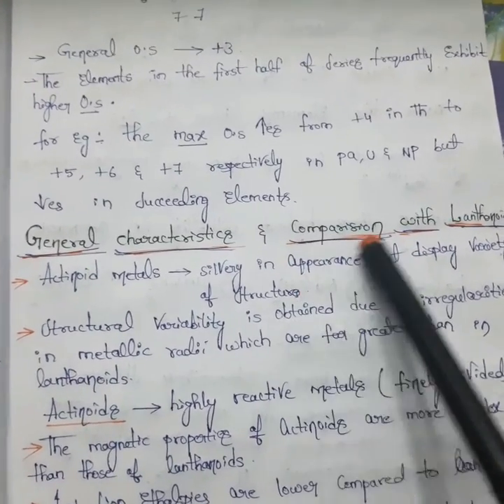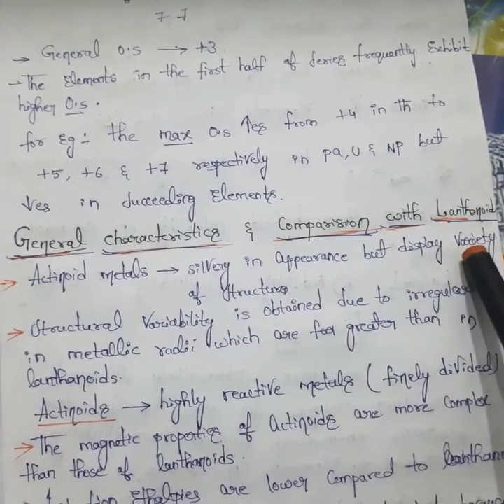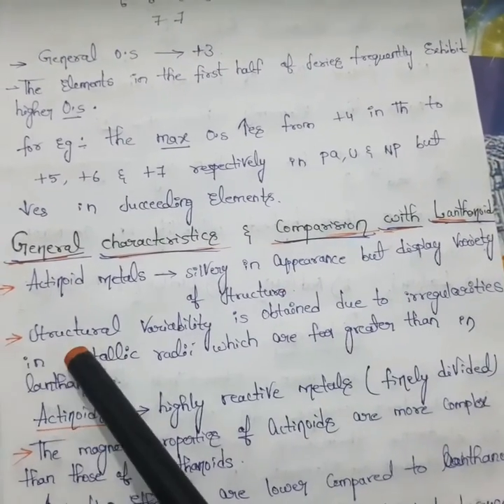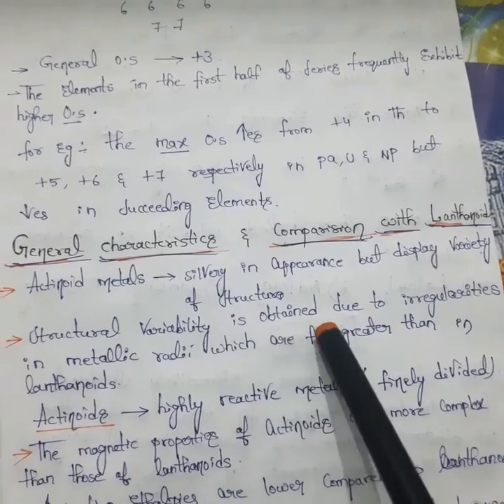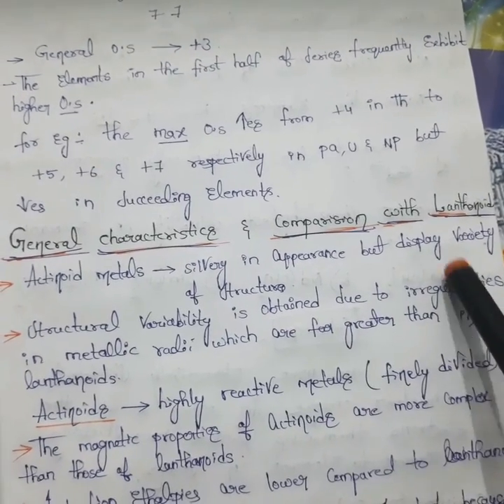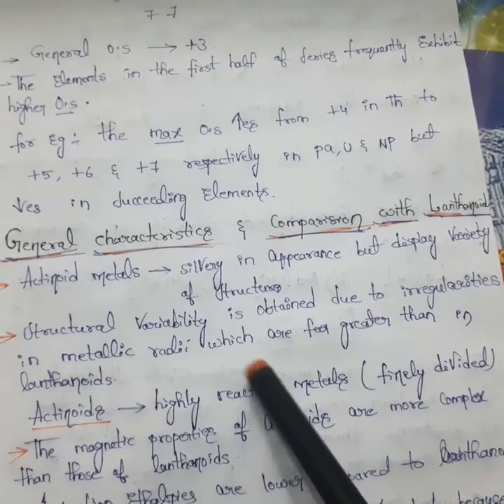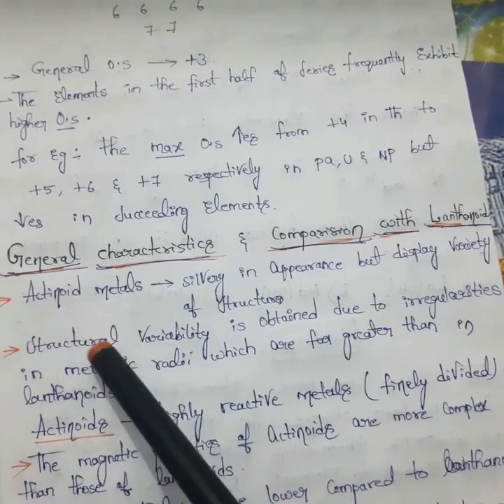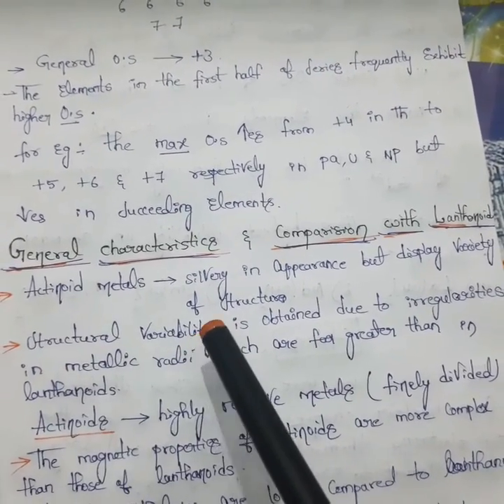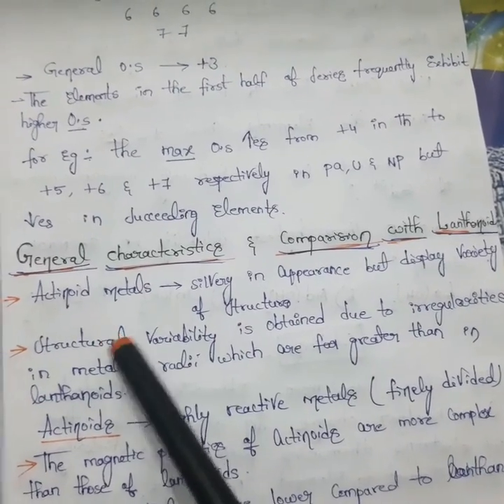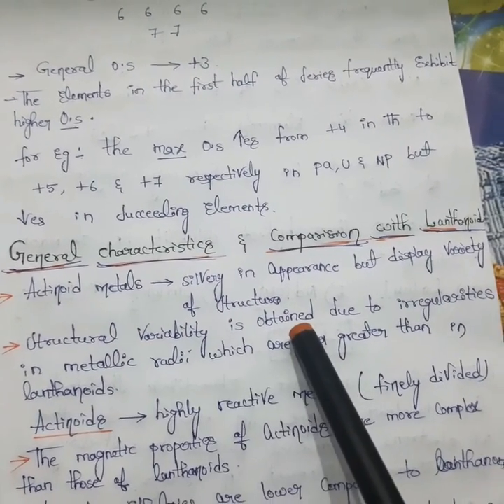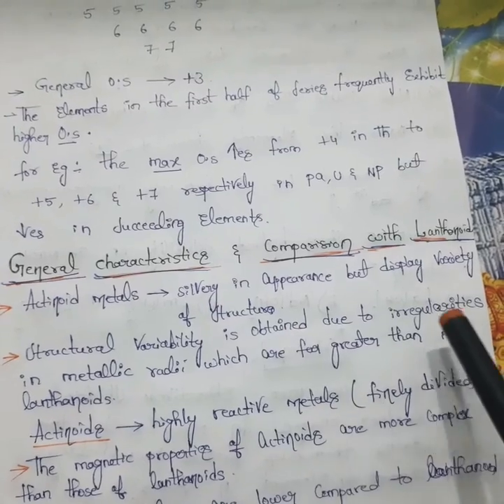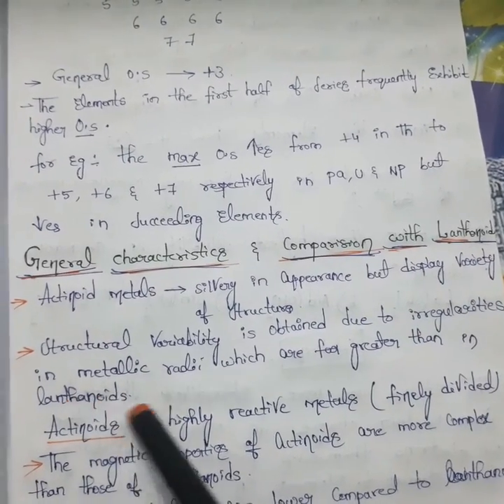Here we are observing structural variability. This structural variability is obtained due to irregularities in metallic radii, which are far greater than in lanthanoids. Why is this structural variability obtained? Because of irregularities in metallic radii.